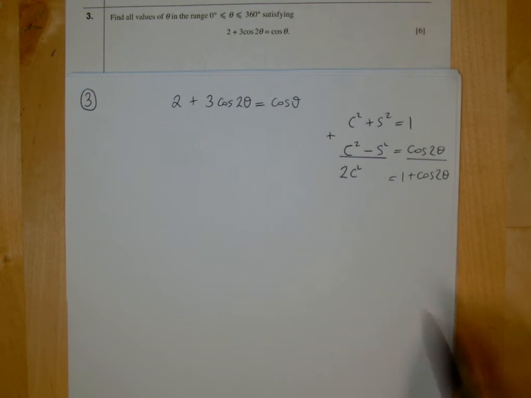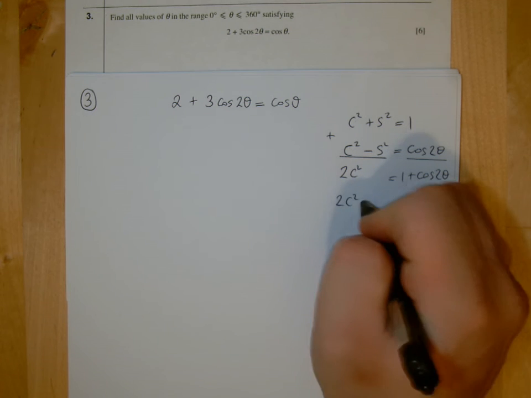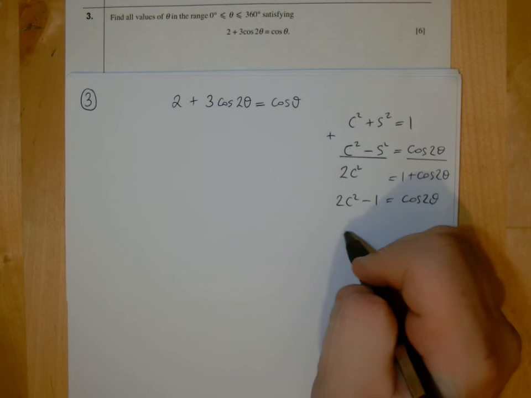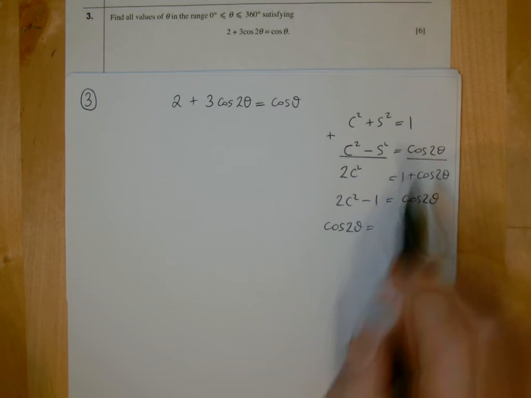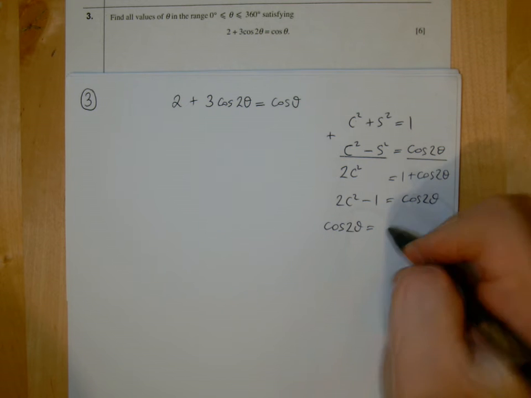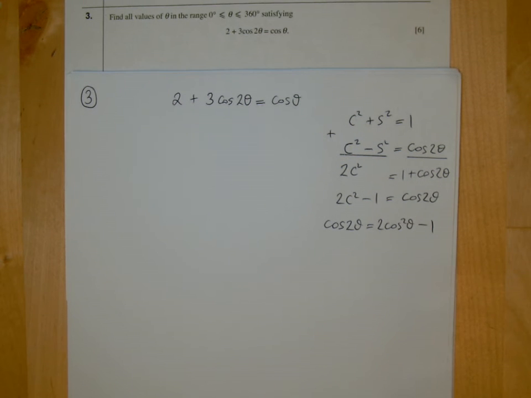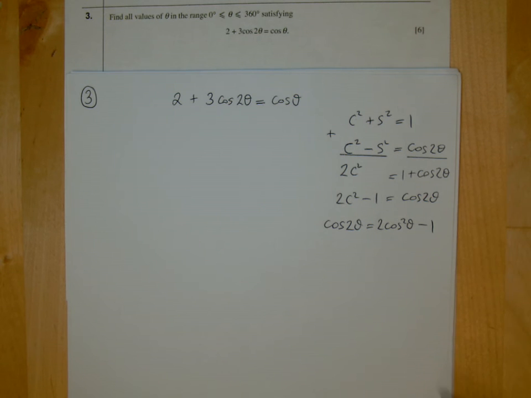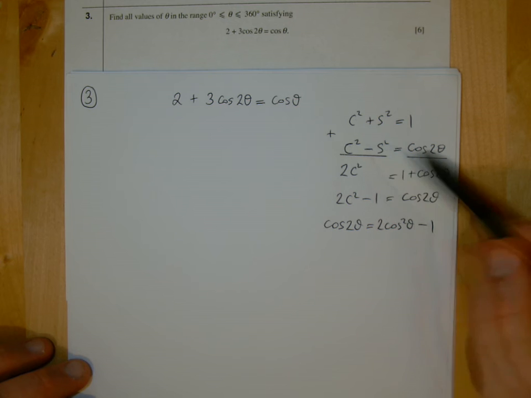So in other words, if I take that 1 over, I've got 2 cos squared minus 1 is cos 2 theta. So the result we're going to use in this case is cos 2 theta equals 2 cos squared theta minus 1. So that's an identity which you've already learned, but this is a good way of working it out, if you can't remember it in the exam. As long as you remember this main identity here.